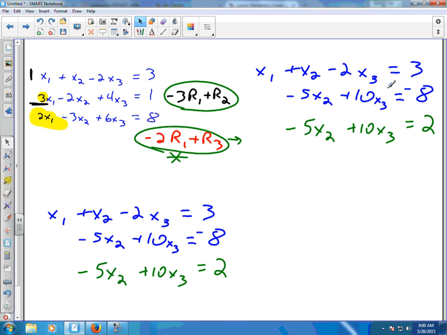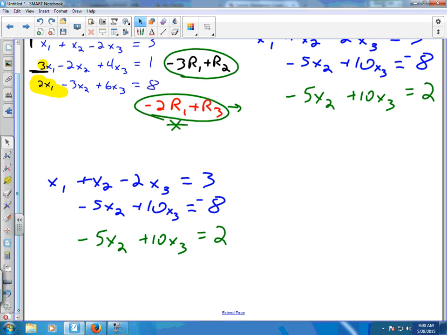All right. So this is not completely necessary, but it would be nice if we had a 1 right there in that pivot. So how would I get a 1 right there? What could I do to that equation to make that coefficient a 1?